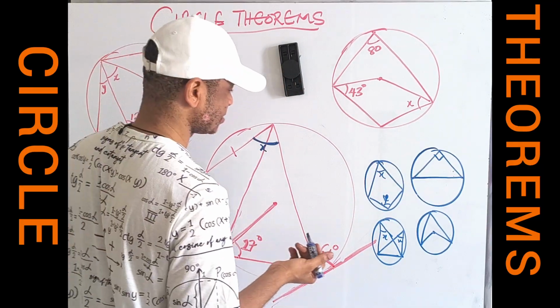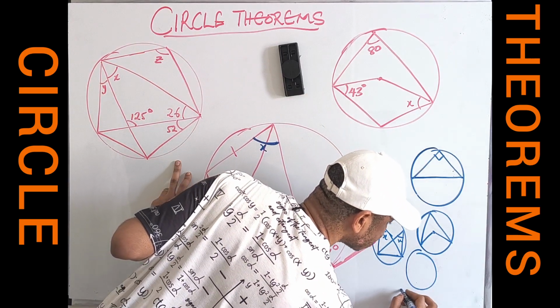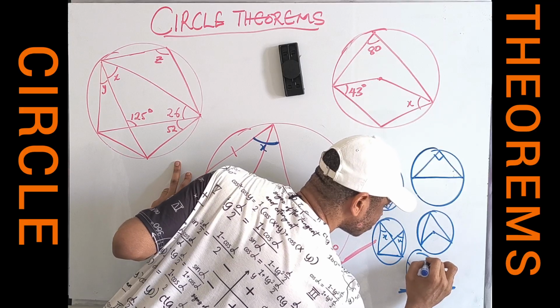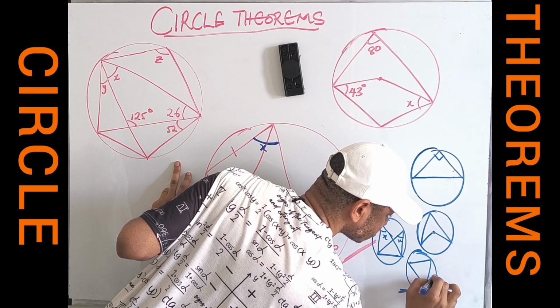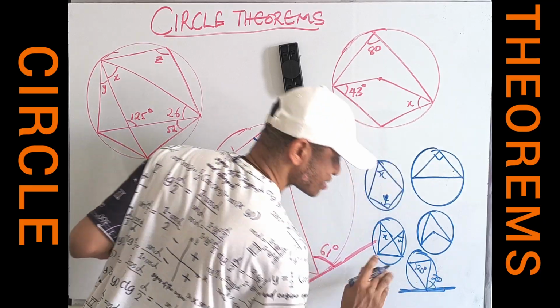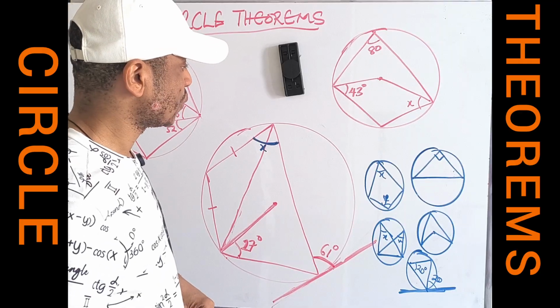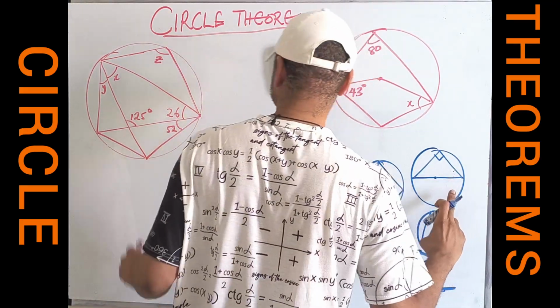Here there is no tangent, so the tangent one is not there. You should know the theorem or else you'll be confused solving it. Here is 20, just an example. So these are some of the theorems you should know, okay? I cannot use these two because there's no center.